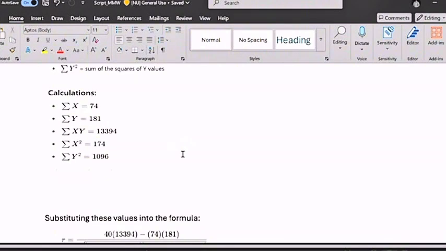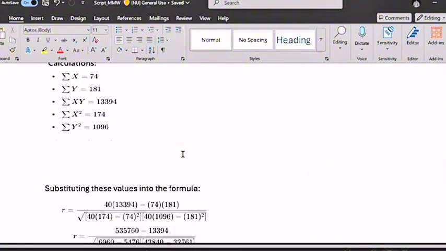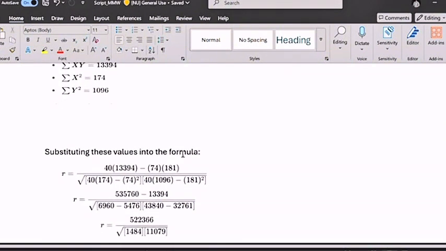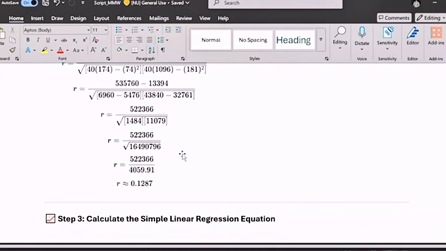The calculation of those data gives us the summation of X equal to 74, Y equal to 181, XY equal to 13,394, X squared equal to 174, and Y squared equal to 1096. Substituting these values into the formula, we get R equal to 0.1287.